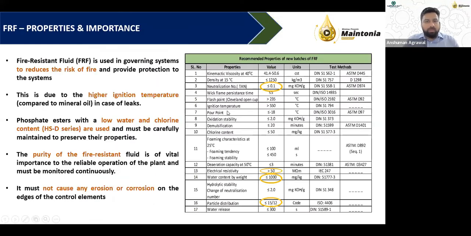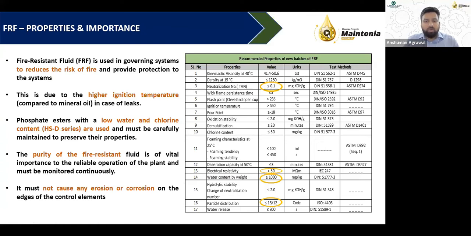So before we go into the topic of FRF maintenance, it's very important for us to understand how the analysis report of FRF or control system oil is actually read. This is a fluid which has fire resistant properties, but as a matter of fact, it is being used as a hydraulic fluid.